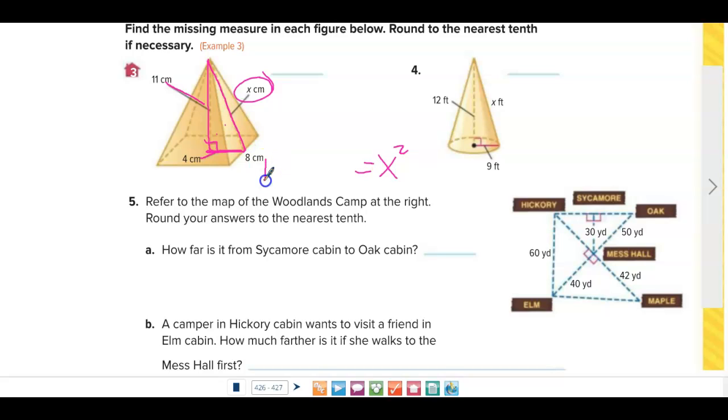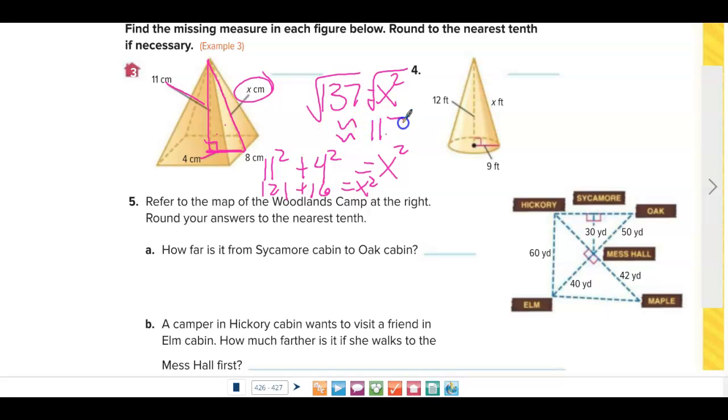So then I have 11 squared plus 4 squared. 11 squared is 121 plus 4 squared is 16 would give me x squared. 121 plus 16 gives me 137 equals x squared, and then again, to get rid of that square, I take the square root of it, and the square root of 137 is about 11.7 centimeters.